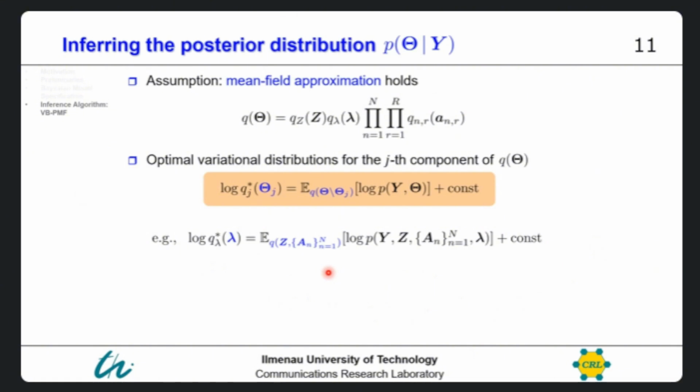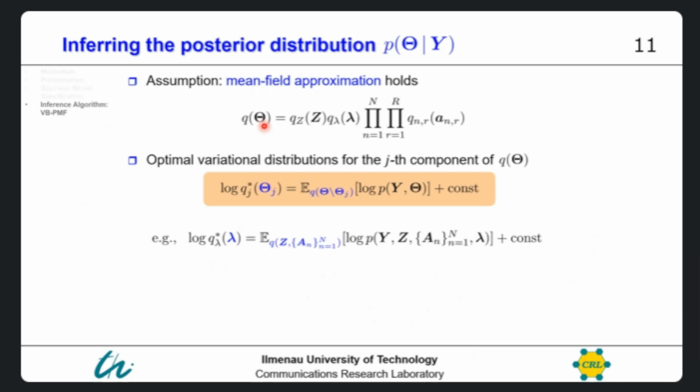Usually, you need to assume that the variational distribution Q can be factorized. So one assumption that is made is to assume that the variational distributions that govern each parameter are independent of each other.